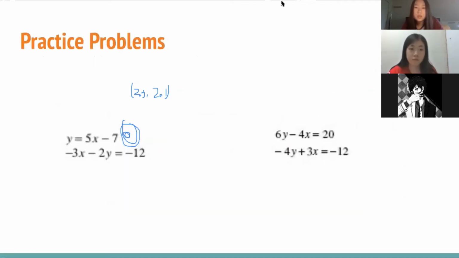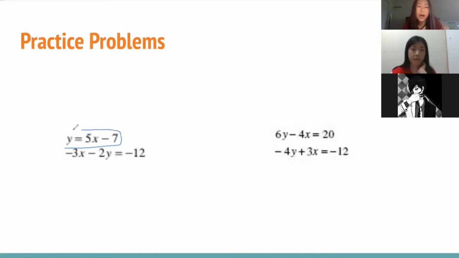And here are some practice problems. I'll go over it. In this case, we already have y isolated for us. So that means that you can plug this y into this y.